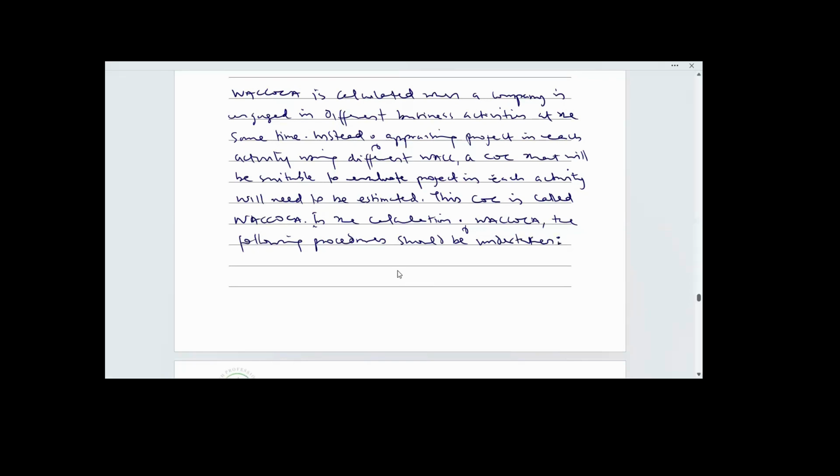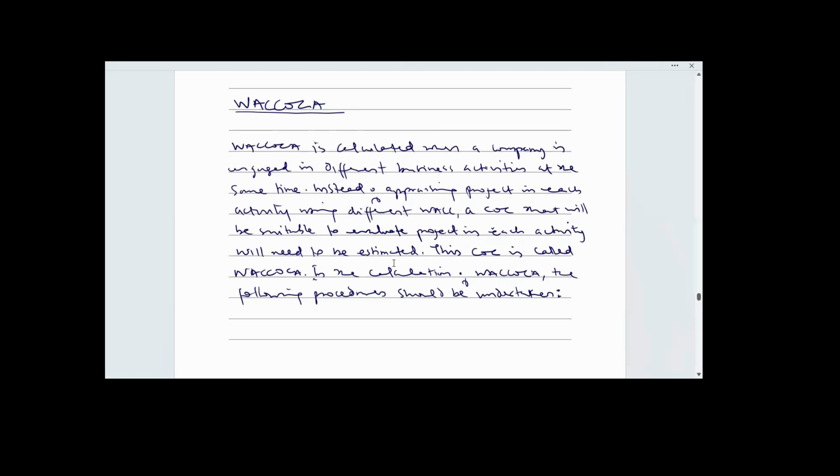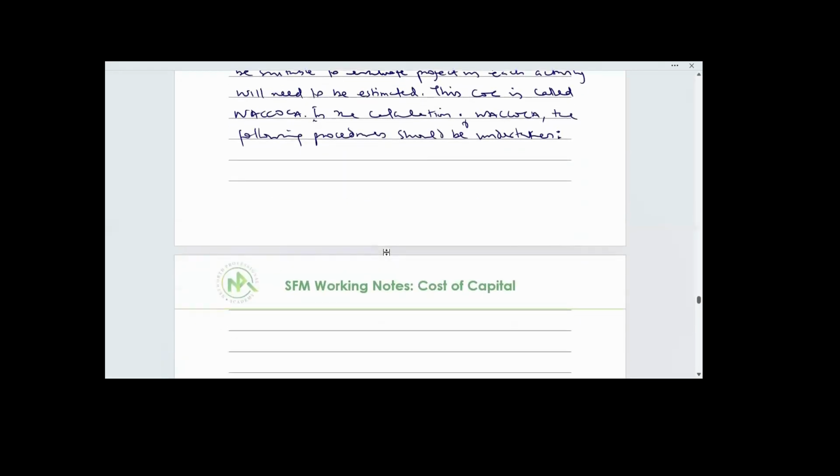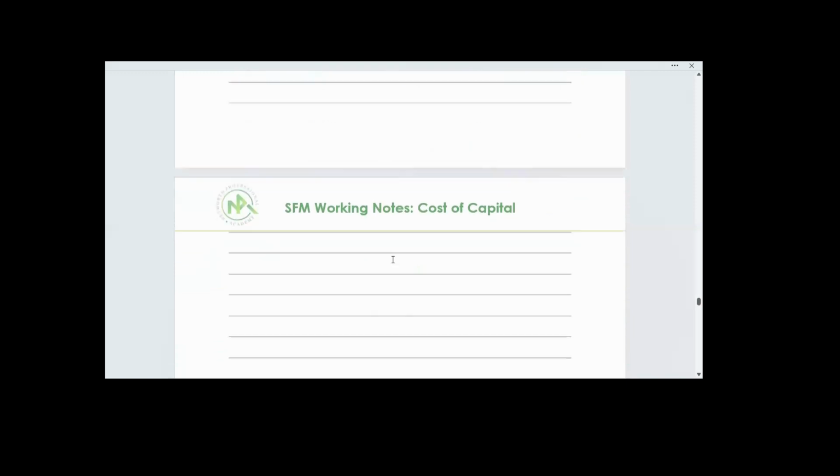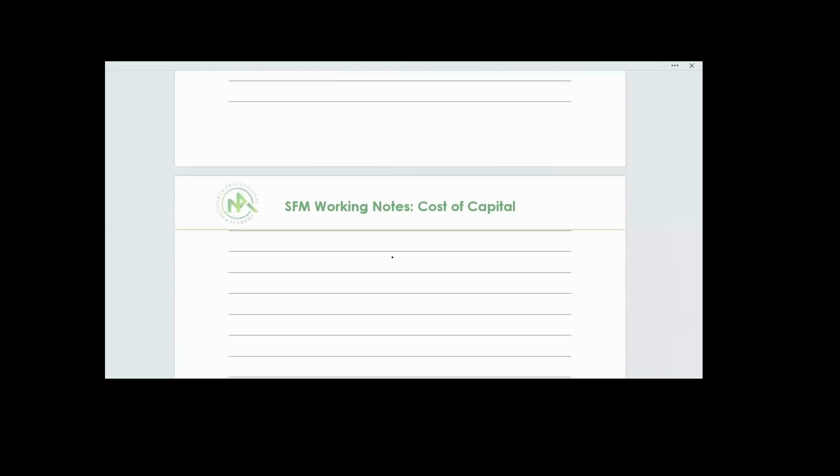So when you want to calculate WACOCA, there are 7 procedures that you need to undertake. These are the steps involved in calculating WACOCA.